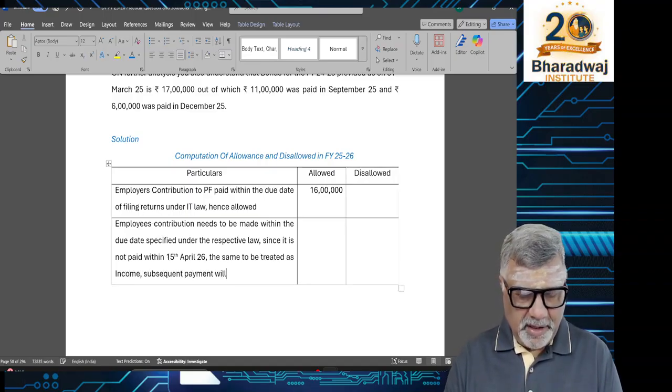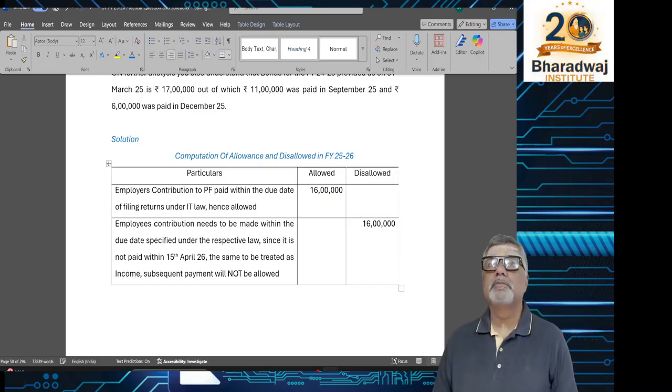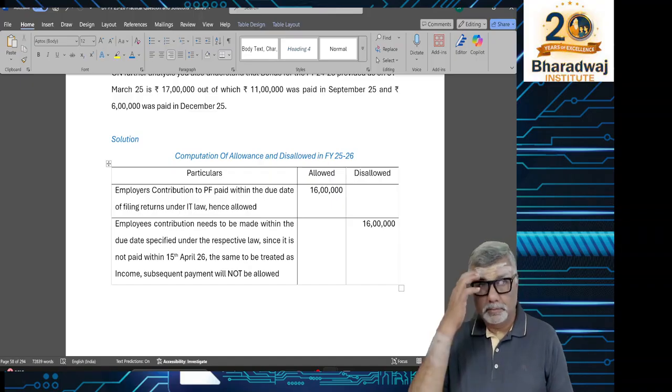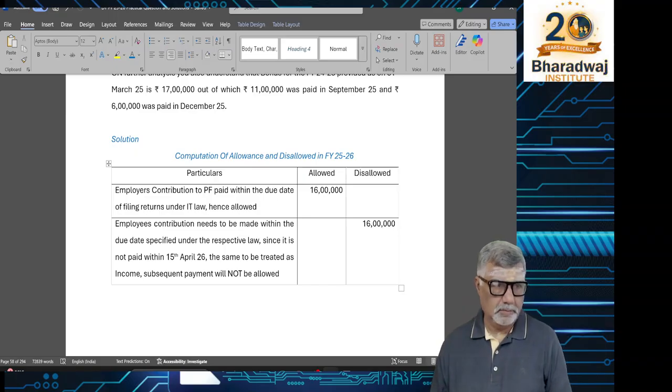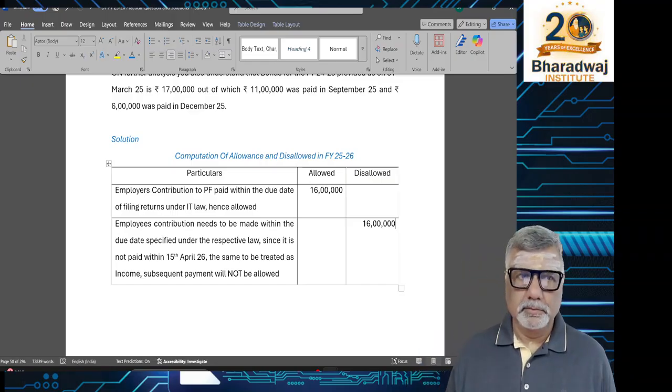Subsequent payment will not be allowed. Clear?